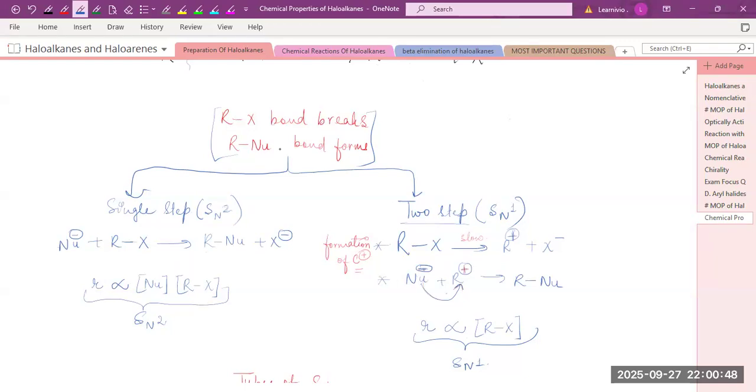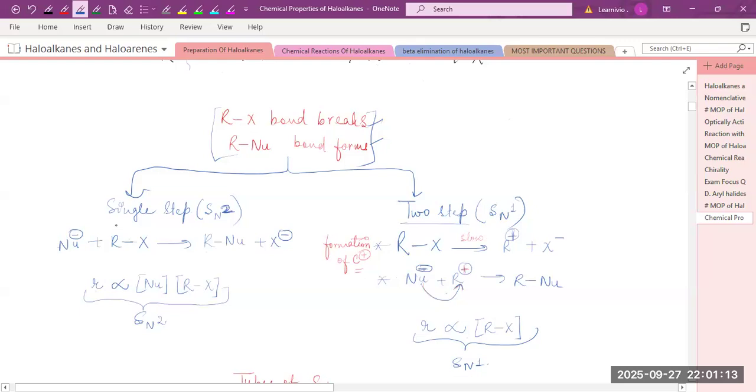First one is your single step reaction. If both the cleavage of the RX bond and the formation of the R-Nu bond occur in the same step, in a single step, then this type of reaction is known as SN2 reaction.